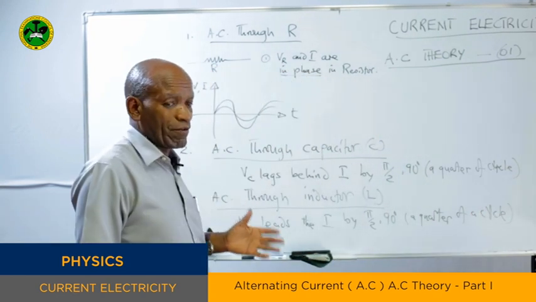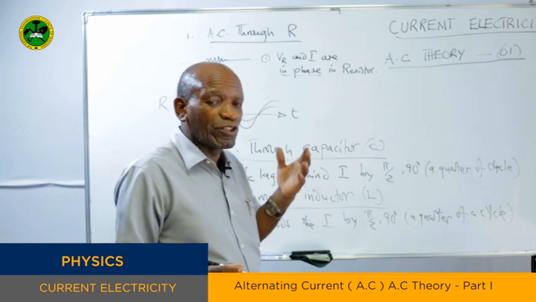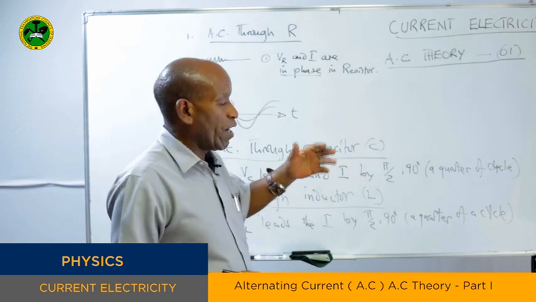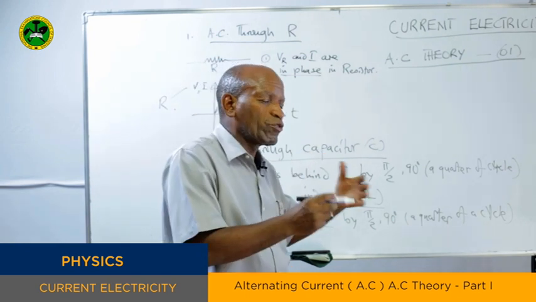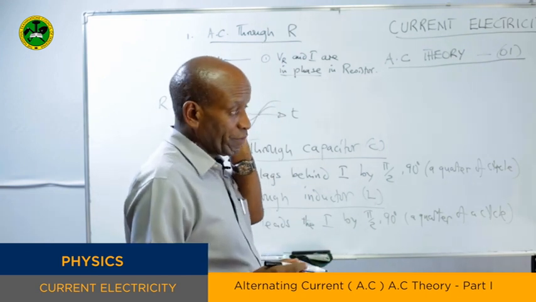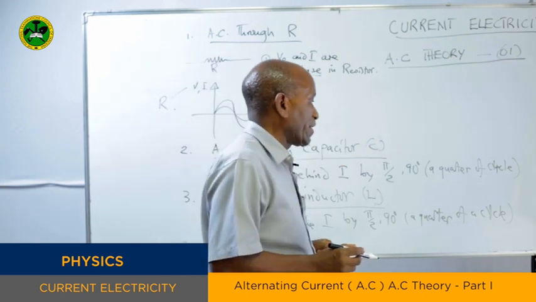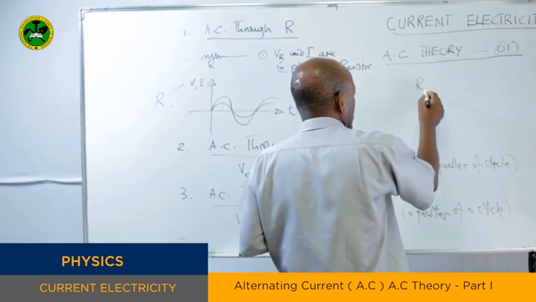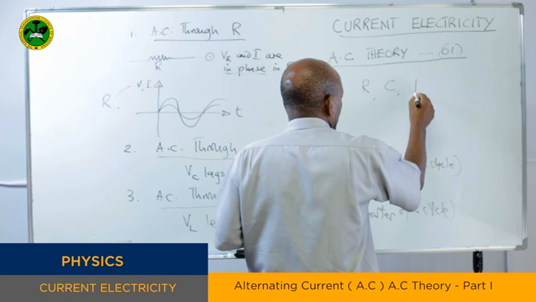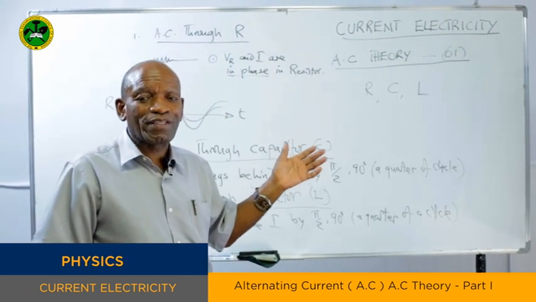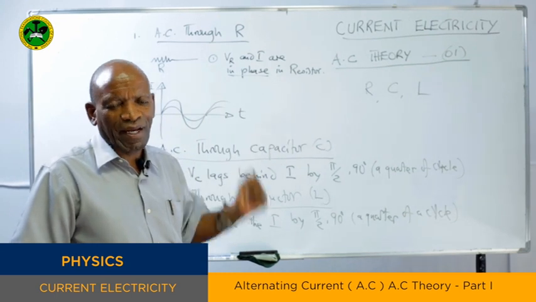This is the actual behavior, and this should be in your mind all the time whenever you are embarking on solving particular problems. Let us now look at the actual circuit elements we have here: the resistor, a capacitor, and an inductor. These three circuit elements can be arranged either in series or in parallel.